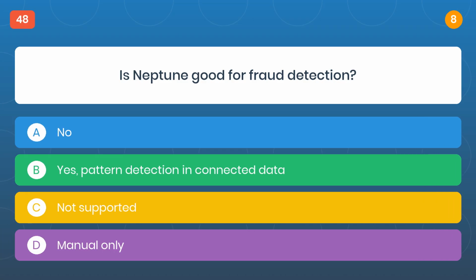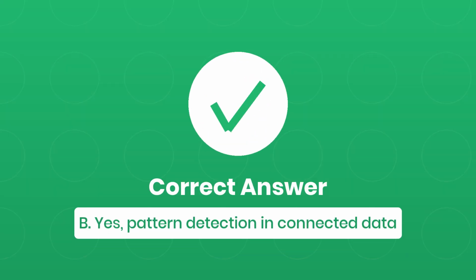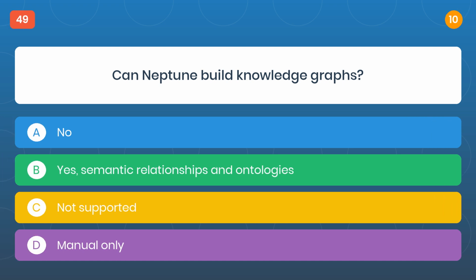Question 48. Is Neptune good for fraud detection? The correct answer is B, yes, pattern detection in connected data. Question 49. Can Neptune build knowledge graphs?